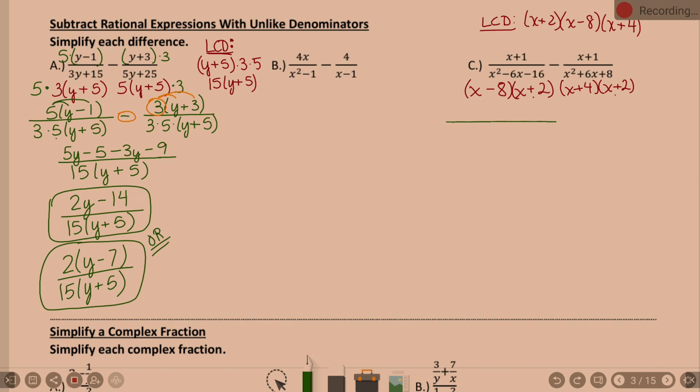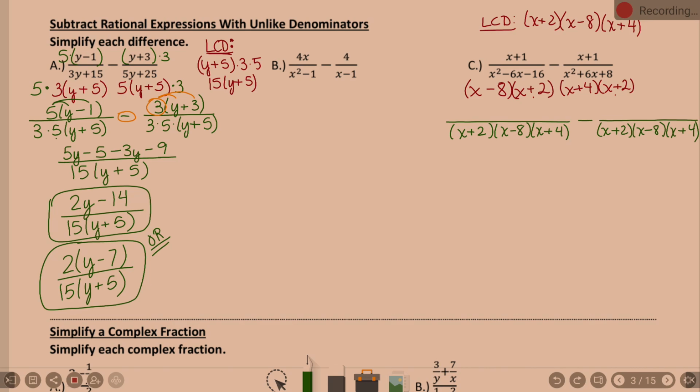So, denominator of x plus 2, x minus 8, and denominator of x plus 4, x plus 2, x minus 8, x plus 4. And this is me just writing out, setting up for the next step. All I've done is write both denominators out with my common denominator.